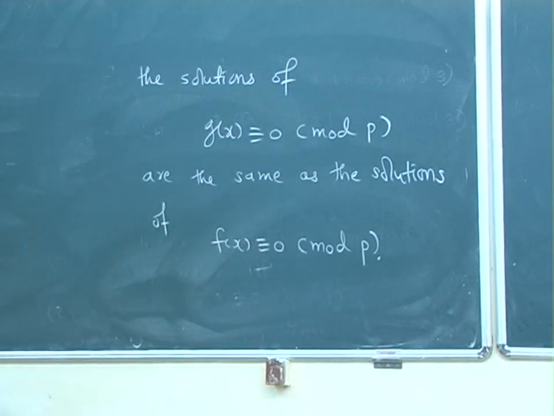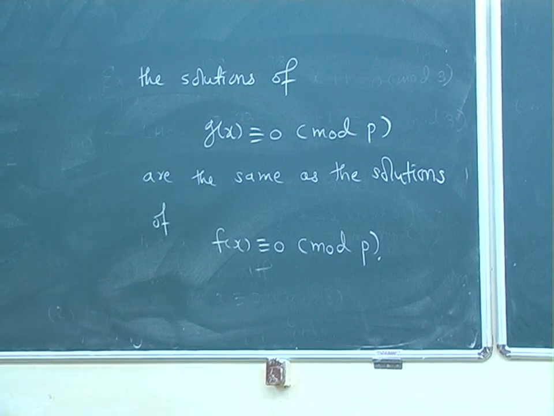So either the original congruence has every integer as a solution, or you can get an equivalent congruence of smaller degree, moreover degree less than p, such that f(x) congruent to 0 mod p and g(x) congruent to 0 mod p have the same solutions, same integer solutions or same solutions mod p.